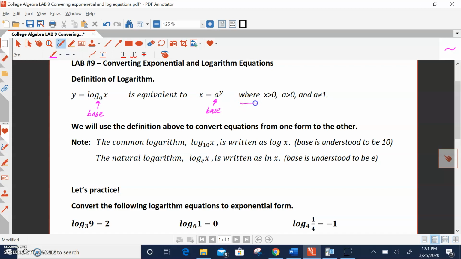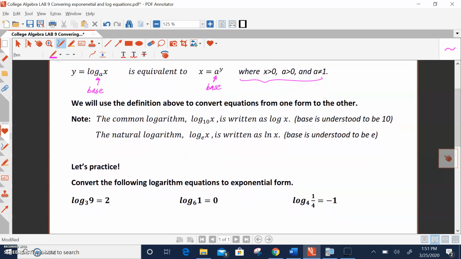No need to worry about these constraints, but I had to put them in for the official definition of a logarithm. Two things we need to keep in mind when you get into chapter 5. You'll talk more about this, but there is a common logarithm where the base is 10.